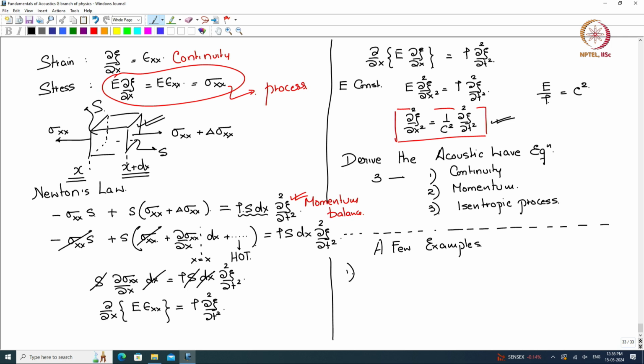So one is we will take an infinite rod as before, forced of course, and then we will take the finite forced rod.